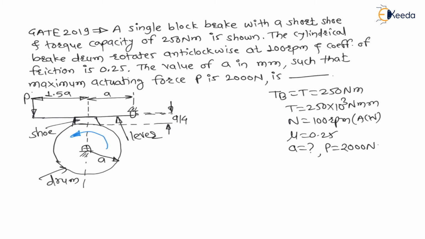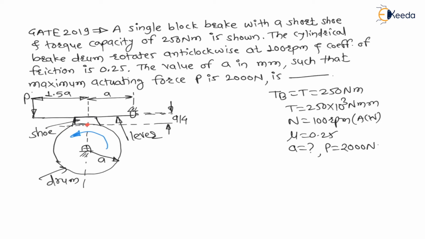Now can you imagine here at the contacting surface there will be a normal reaction, right? On the drum it is a downward normal reaction, on the shoe it is an upward normal reaction. This contacting point on the drum, because of this anti-clockwise rotation, is moving towards left.